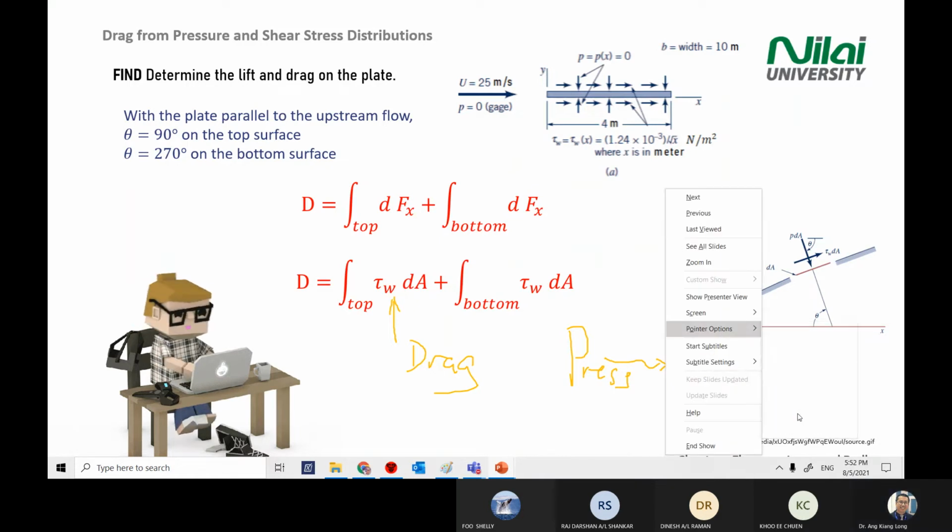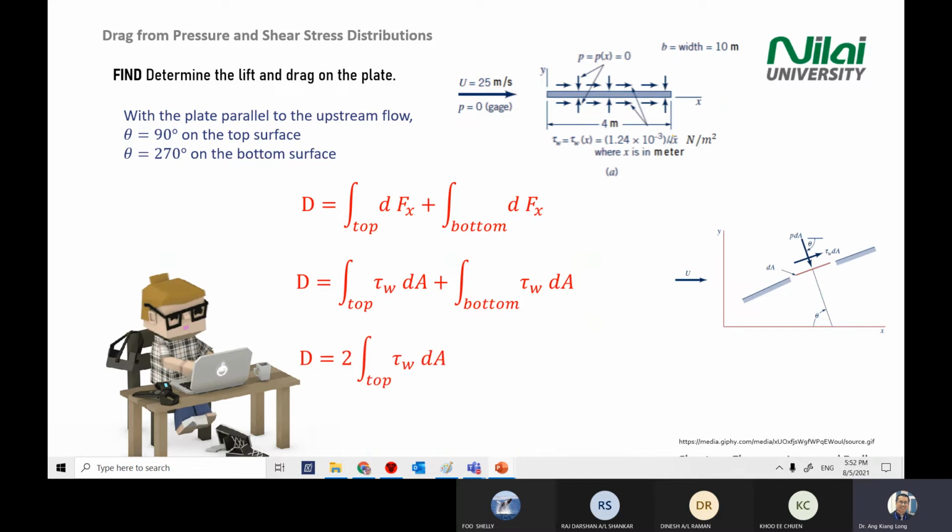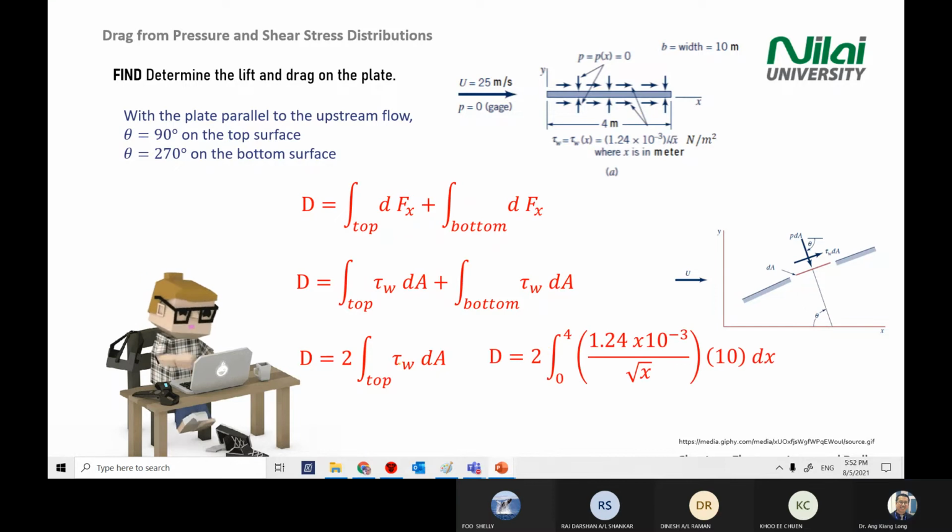Then you put in the equation there. Top and bottom actually are the same because the arrow direction is the same. Okay, arrow direction is the same. So you have two integrations of the wall shear stress dA. How do you calculate dA in the x direction?